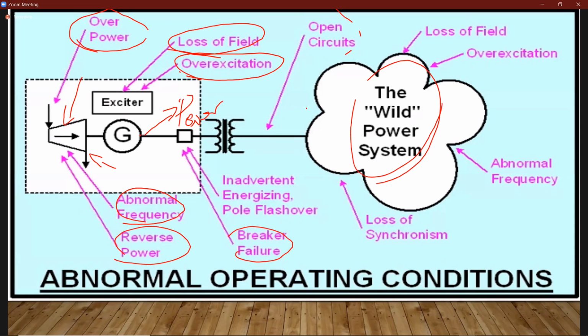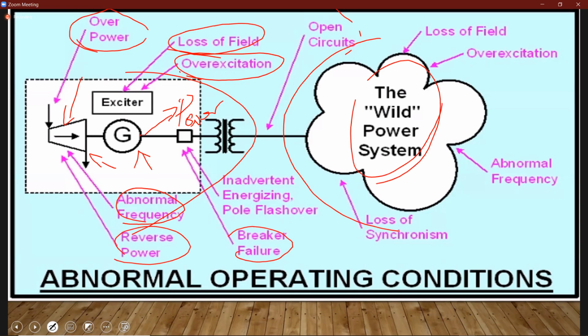You can have issues with the generator, issues with the shaft, and so if we have shaft issues, you might get excessive vibration. So we have to monitor that. And so I've given you all of this that's happening on this side of the equation, and it's going to manifest itself on this side.